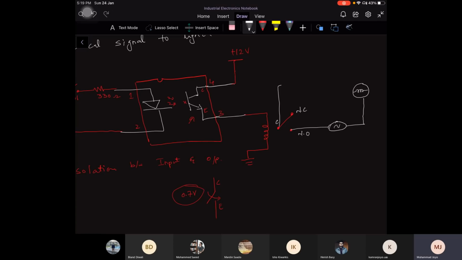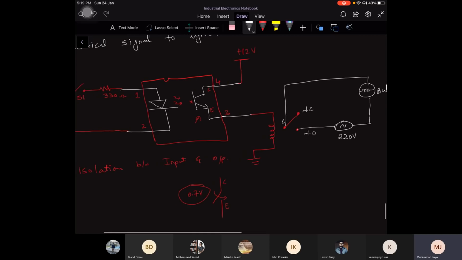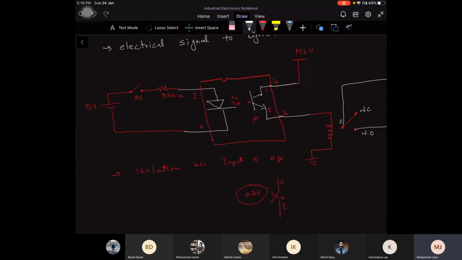So what I have done over here is that I've attached a relay, and at the output side of the relay, I've attached an AC supply and a bulb. This is a bulb, and this is a 220-volt AC supply. So what happens now? When I press this S1, the circuit will be completed at the input side, and the LED inside the package will glow and turn on this transistor.